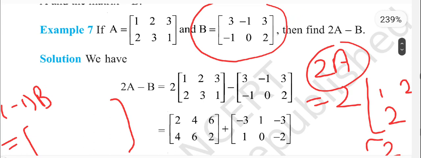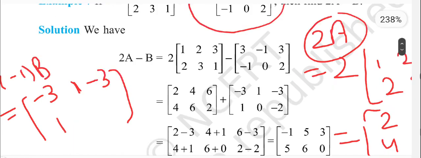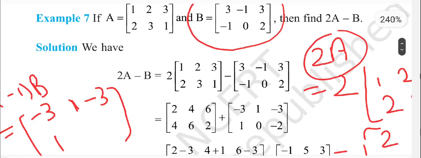It is 3, so it becomes minus 3, then minus 1 becomes 1, 3 becomes minus 3, minus 1 becomes 1, 0 remains 0, 2 becomes minus 2.